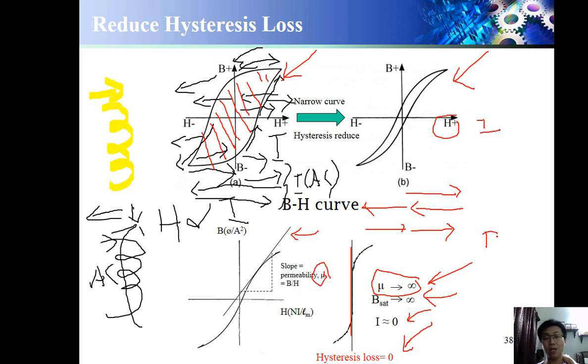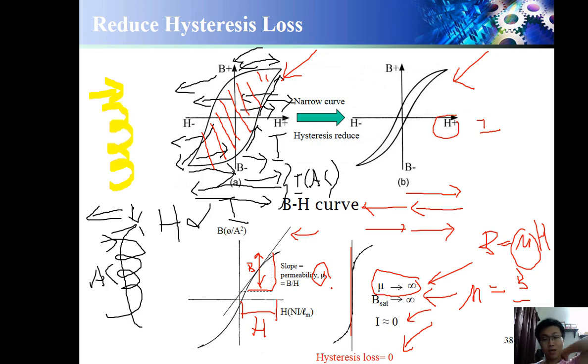If we still remember, B equals mu H. So how to find my mu? Mu equals B divided by H, which is the slope. B is this one, H is this one. So I use B divided by H. This is my mu. So for mu infinity, it is a straight line like this, and then my hysteresis will be 0.